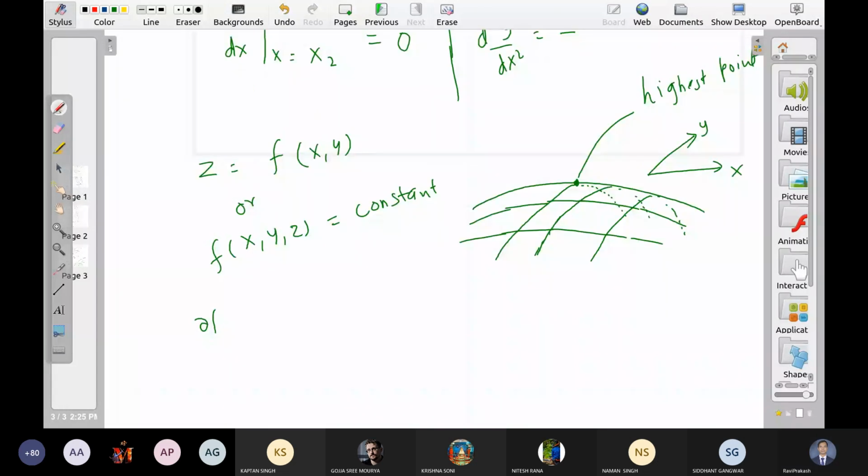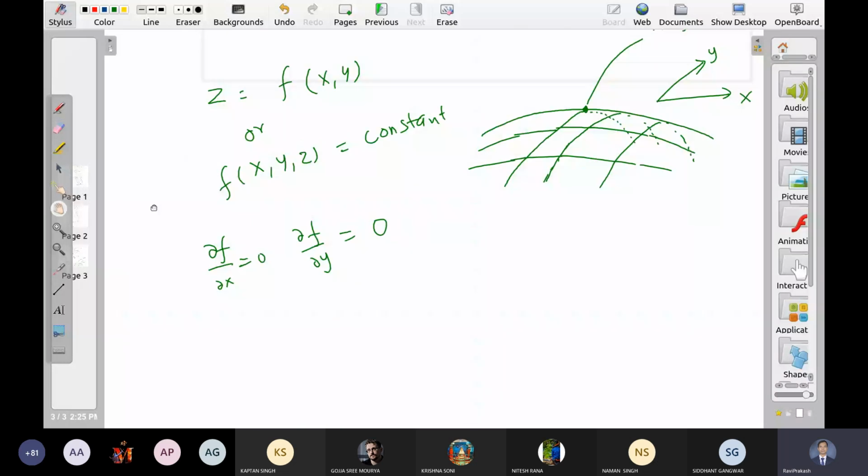If you go along y, then also you can see it is 0. And when this is 0, this actually means the gradient is also 0, because this gradient consists of two components, and you can see these two components are the same as this.